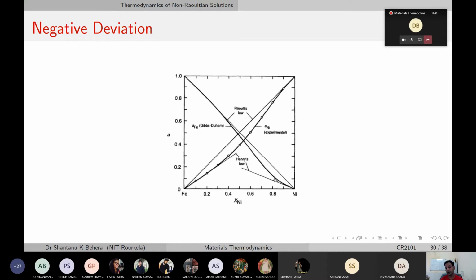Okay, so Henry's law you won't be able to apply here, although the region here would still be called negative deviation from Raoult's law.